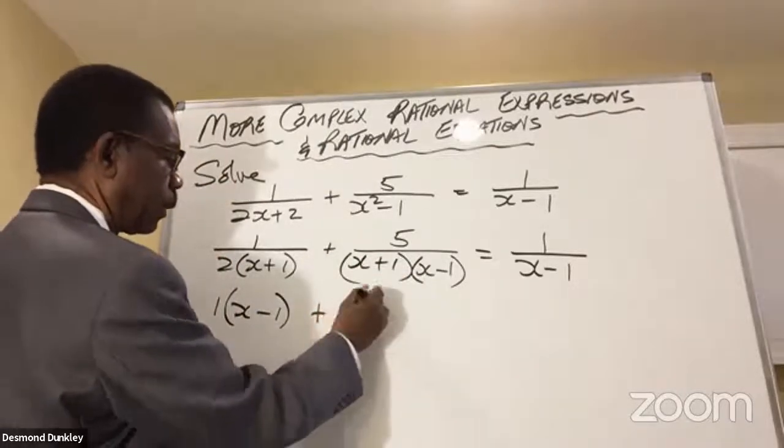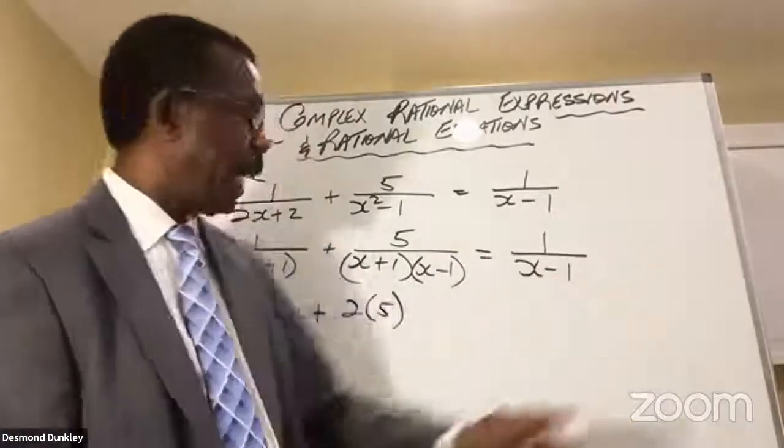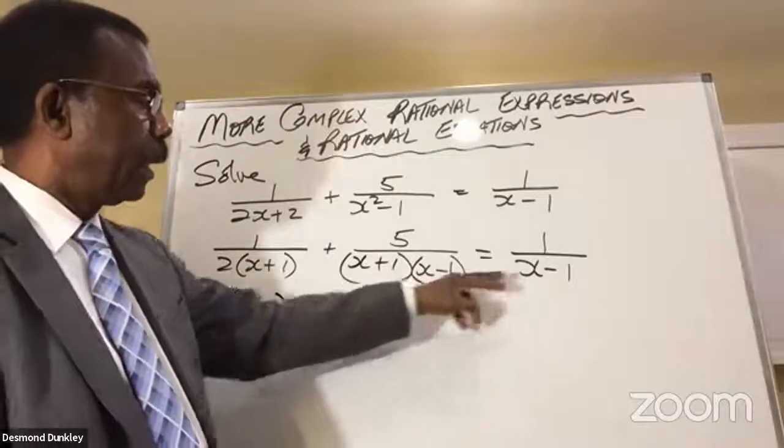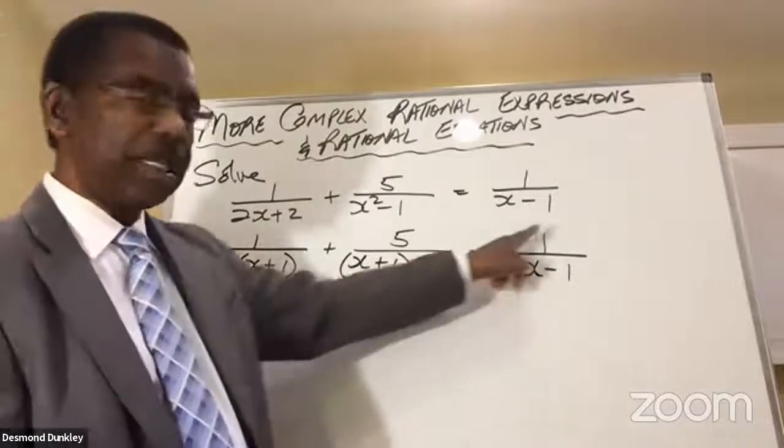So it's going to be 2 times 5. When I multiply this fraction by 2 times x plus 1 times x minus 1, the x minus 1 cancel, and I'm left with the 2 times x plus 1 times 1.